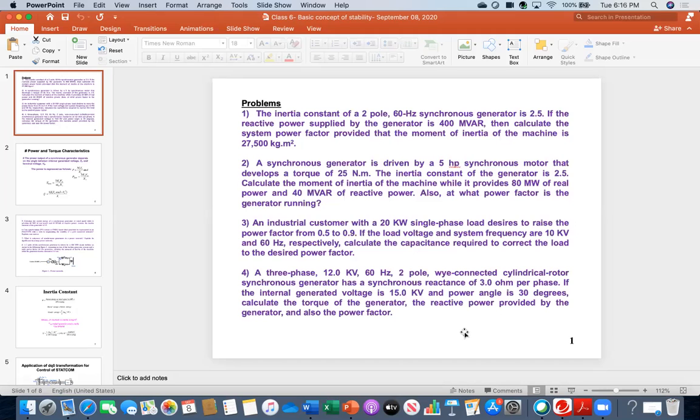Sir, I got 3.961 megavar. Yeah. And Venkat, what's your torque value? Torque value? I'm calculating it.